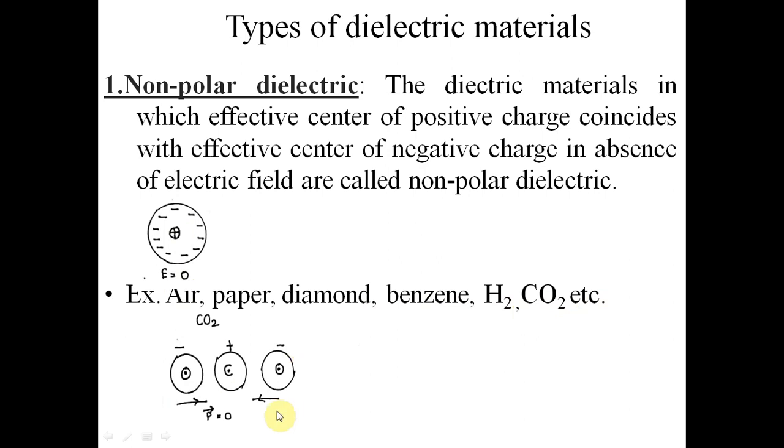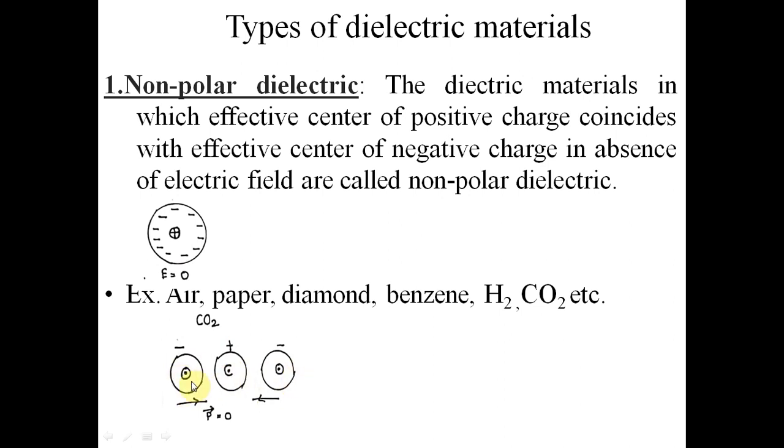Let us take one example, that one is CO2. O is oxygen and C stands for carbon. The O is negative and the C is positive. See, the center of mass of this O is here, and the center of mass of this C is here.